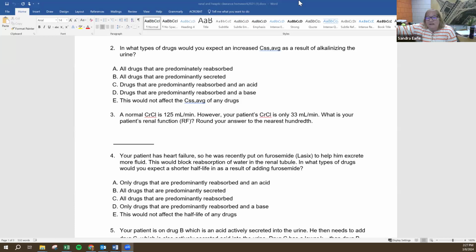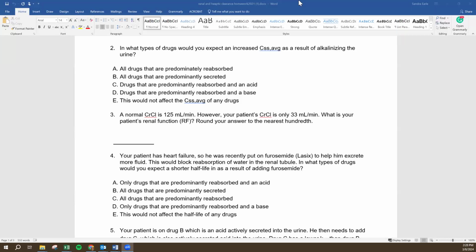So if we're alkalinizing the urine, the pH is going up. There's less protons added, right? There's a lack of protons. And so that will make bases more ionized. Did I say that right? Yeah, that's right.